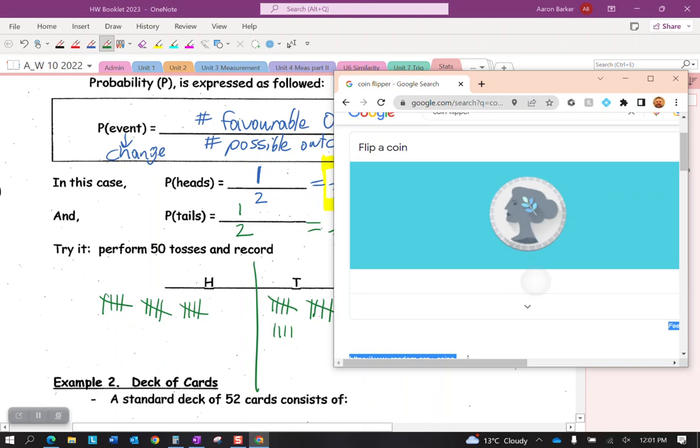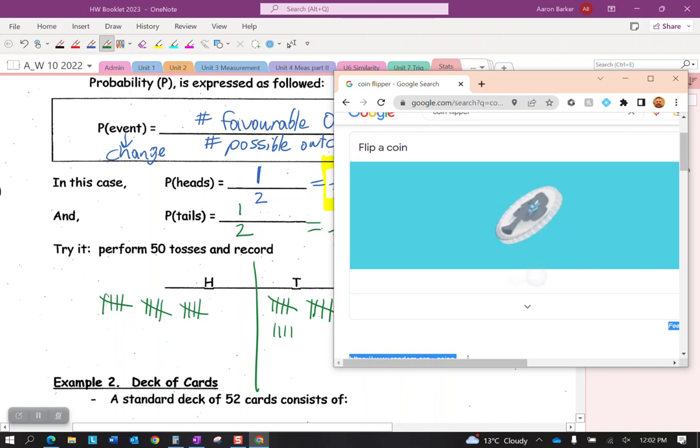Okay, ready? Flip. Tails. Tails. Heads. Tails. Heads.